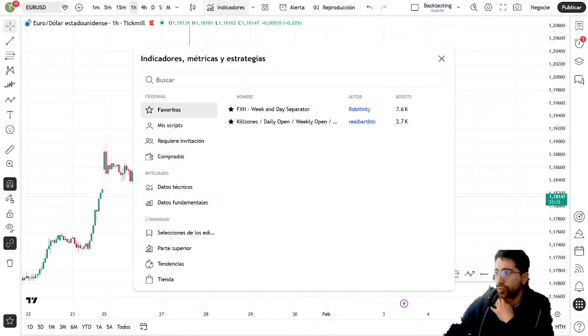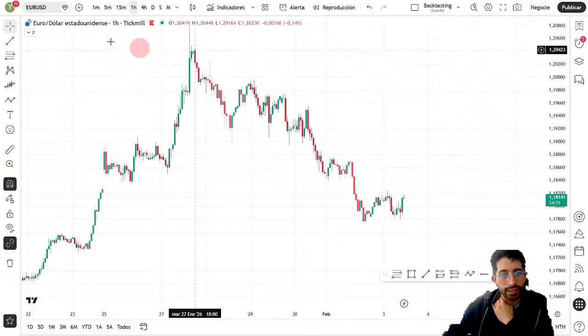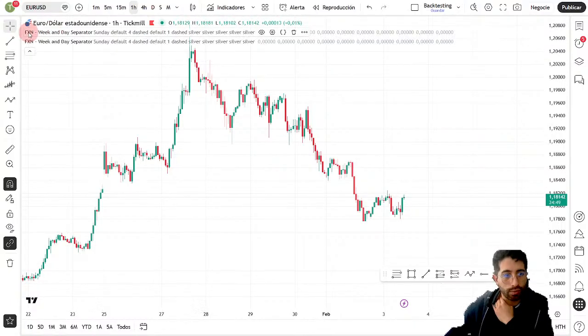So those tools to see the market properly, the first one is the week and day separator. I use it of course to separate the week especially, right? And then kill zones, daily and open. Sometimes I don't use kill zones that much, but the weekly and day separator I do use a lot, right?